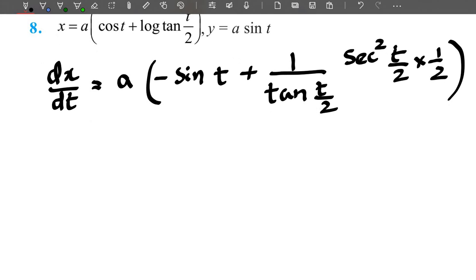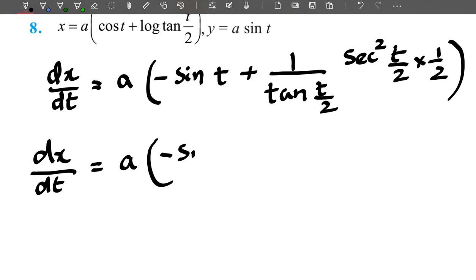Now, when you simplify it, you get dx by dt is equal to a bracket minus sin t. Now when you simplify it, you are getting tan t as sin t by 2 by cos t by 2.